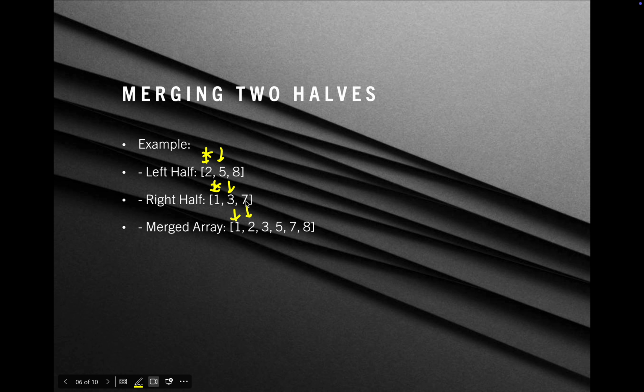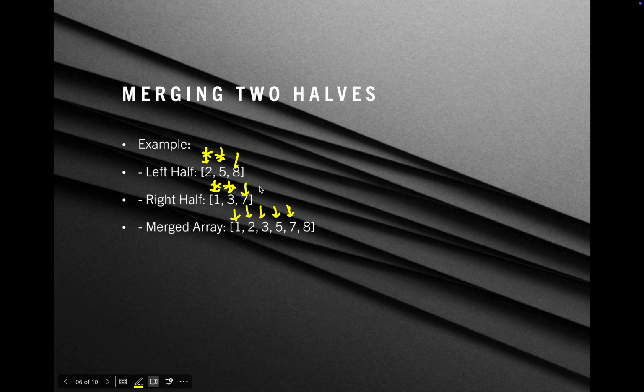Then 3 and 5 are compared. 3 is lesser than 5, so 3 is placed, and we move the left pointer to the next. Then comparing 5 and 7, 5 is lesser than 7, so 5 is placed. Comparing 7 and 8, 7 is smaller.